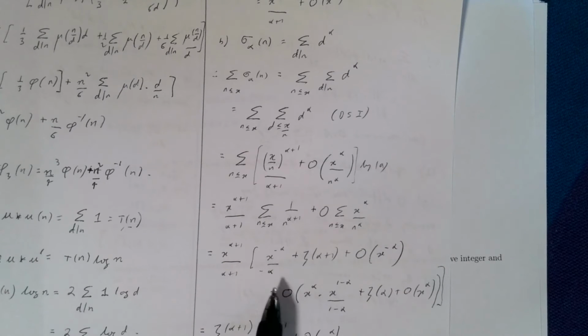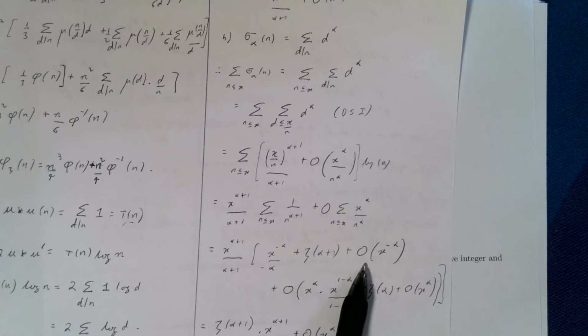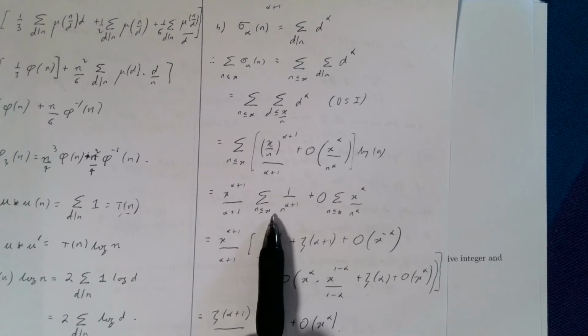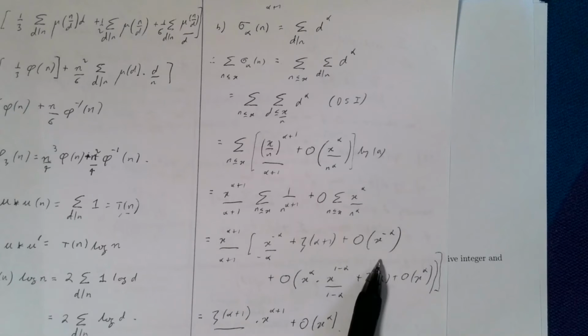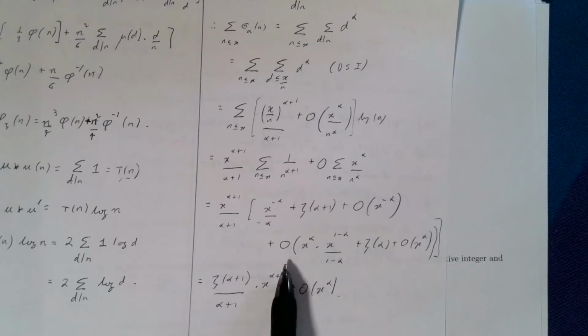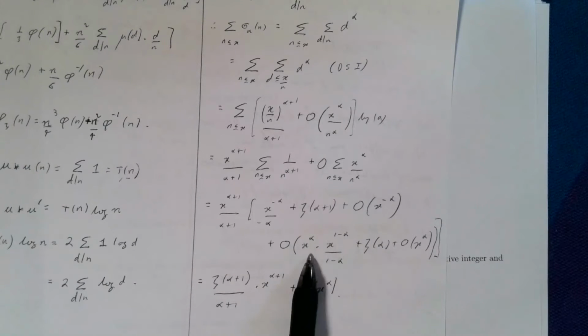We end up with this expression here, plus we're going to get zeta alpha plus 1 plus big O x to the minus alpha, so that's for the first term, replacing this with our usual formula. We've had this one in the lectures, plus big O, again we can approximate this using an integral, so we end up with this expression.